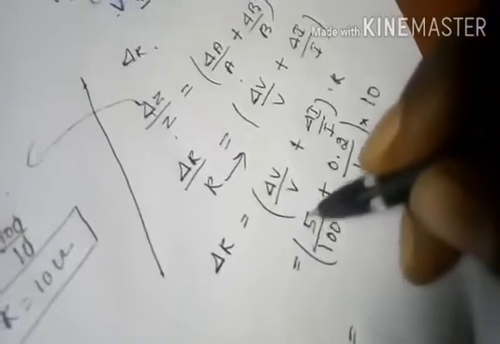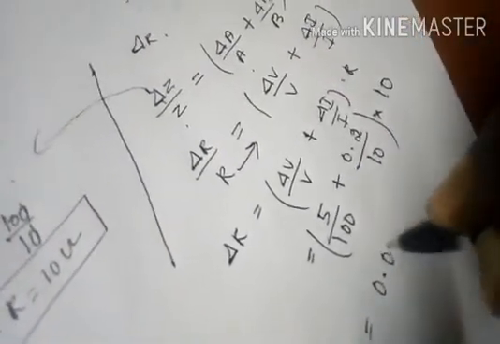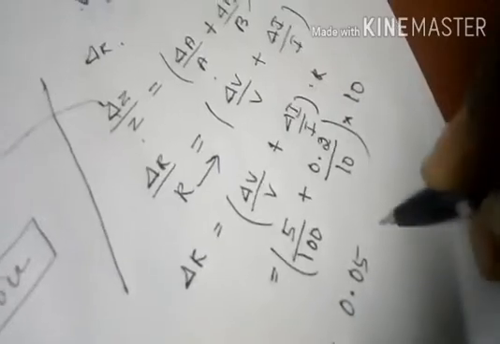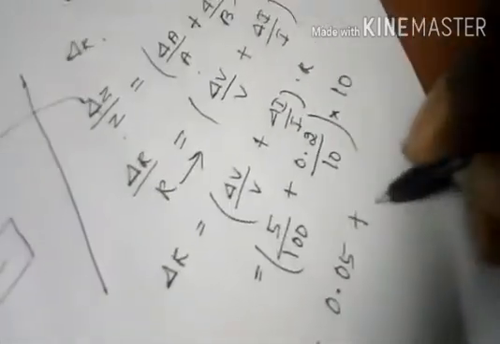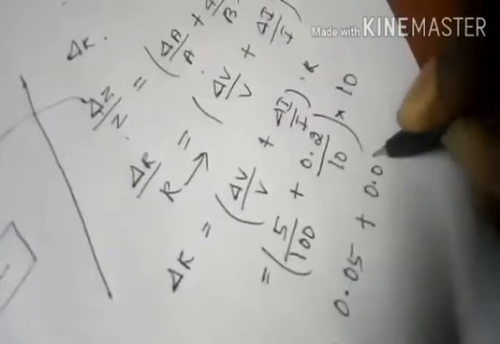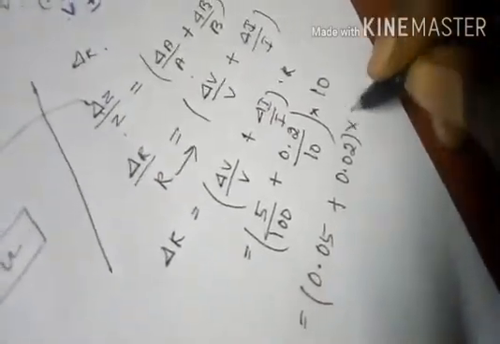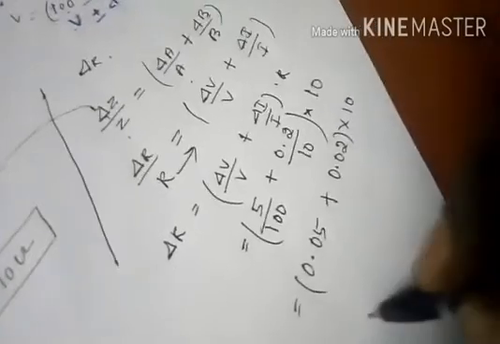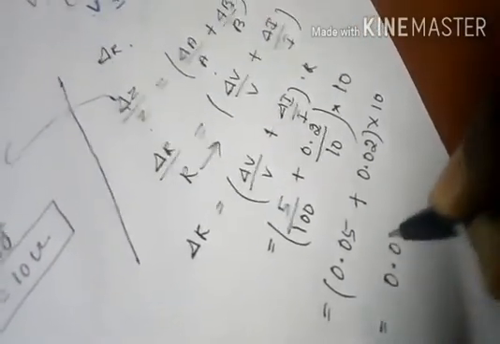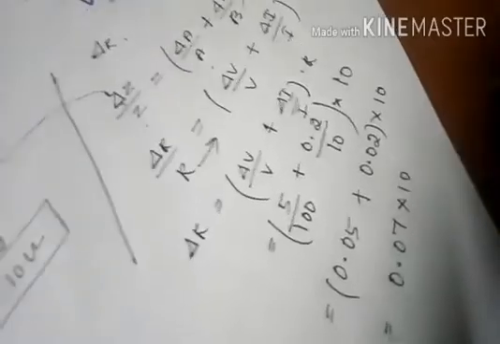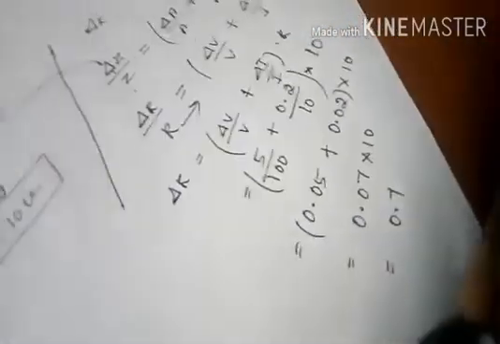After the simplification the value is 0.05. Then after the simplification the value is 0.02, into 10. So if you add these, 0.07 into 10, so the value is 0.7. This is del R.